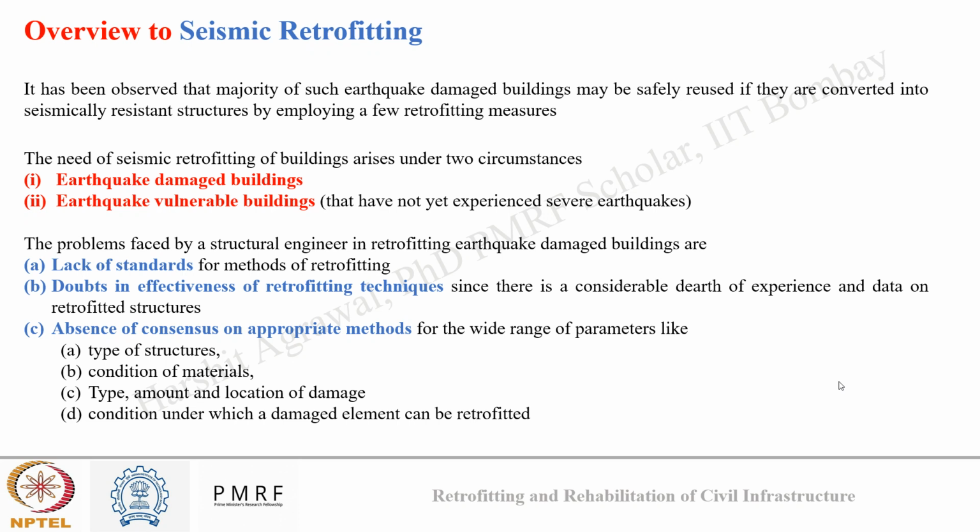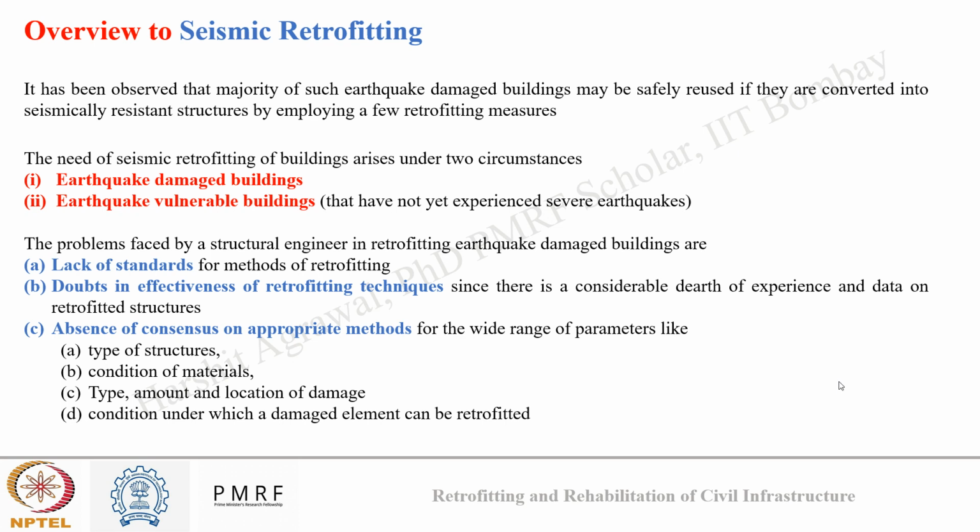Either the building is already affected by an earthquake, which is categorized as an earthquake damaged building, or the building is vulnerable to being damaged by an earthquake, which comes under the category of earthquake vulnerable buildings. The second category has those buildings which have not yet experienced any severe earthquakes. So as an engineer or a consultant on site, we may need to strategize for either of them.